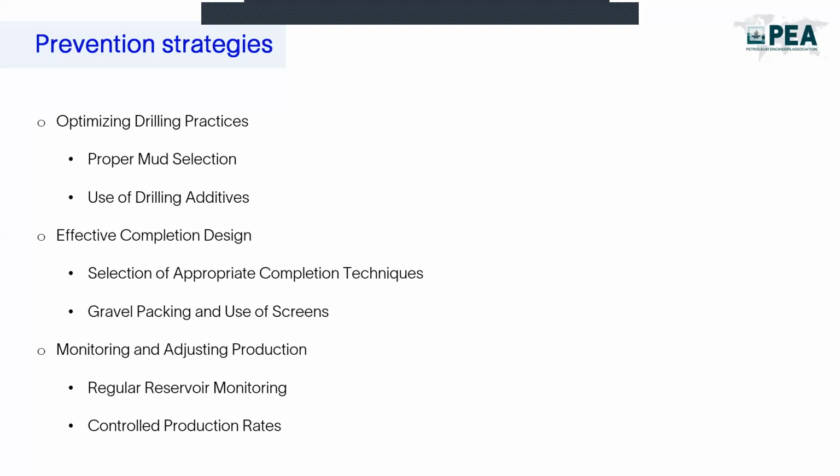Another strategy while drilling is fluid loss control. You can have additives that control the fluid losses and prevent the invasion of harmful fluids into the formation. So this is how to prevent formation damage while drilling.